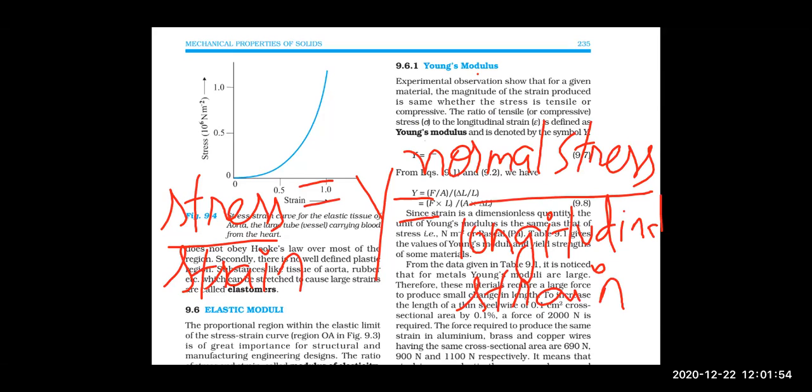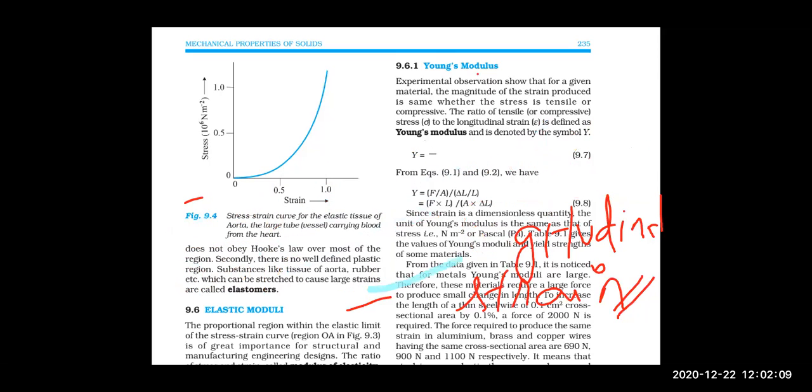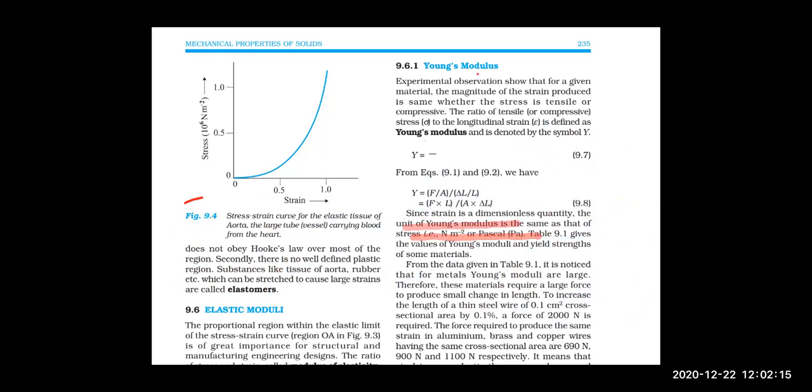And as we know, children, strain does not have any unit, but stress has a unit, that is Pascal. So the SI unit of Young's modulus, that is Y, is Newton per meter square, that is Pascal. Right, children?